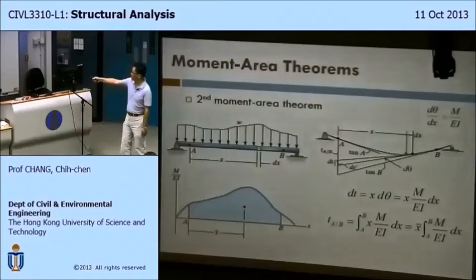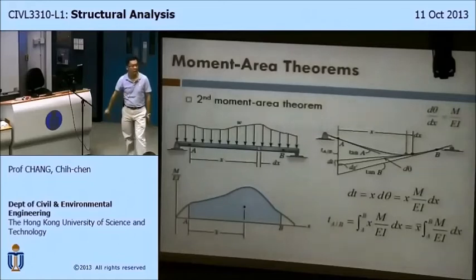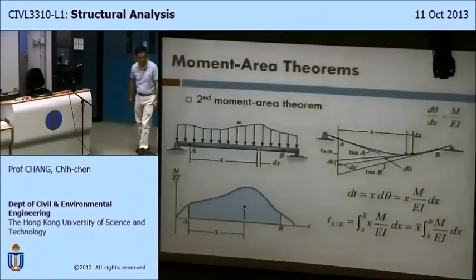Again, this t A/B indicates the projected length with a reference at A. The tangent line at B intersects with that vertical line, and this distance is t A/B. That will be equal to the centroid distance measured from A times the area of M over EI between the 2 points.